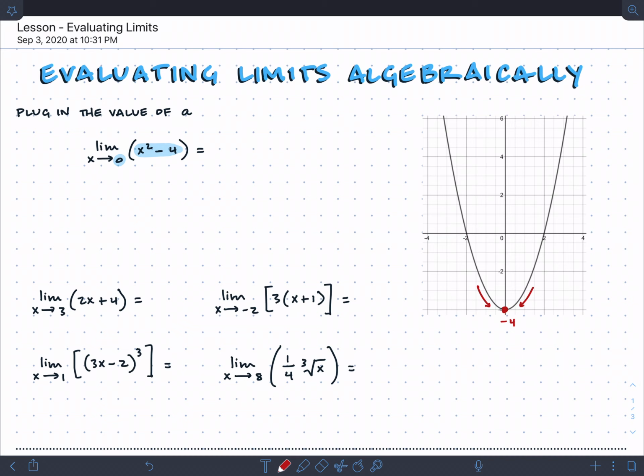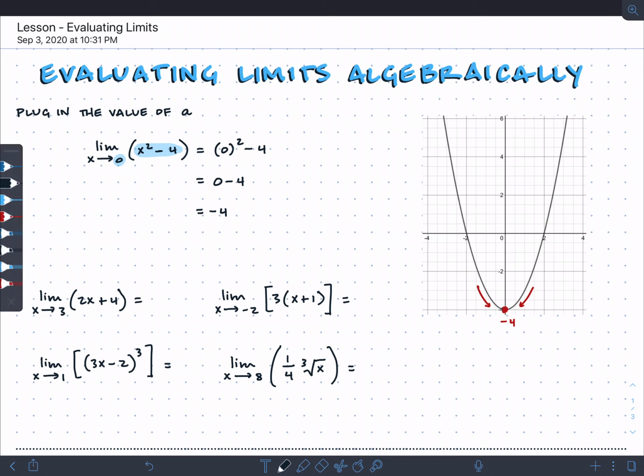And because this function is continuous, we can actually just plug in our value of 0. So this becomes 0 squared minus 4, or 0 minus 4, -4.